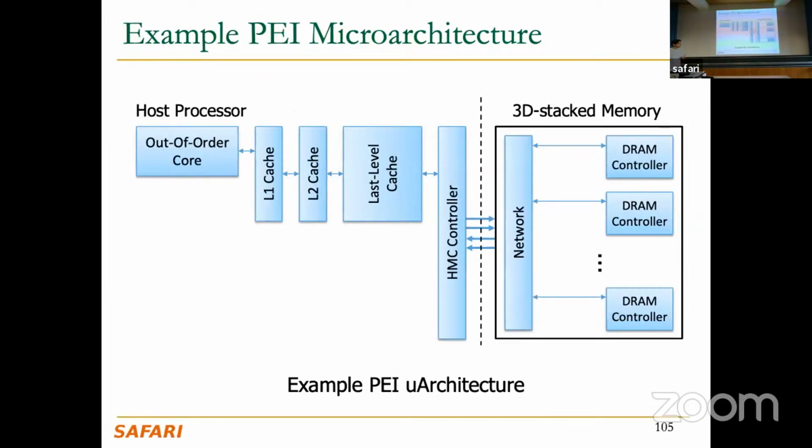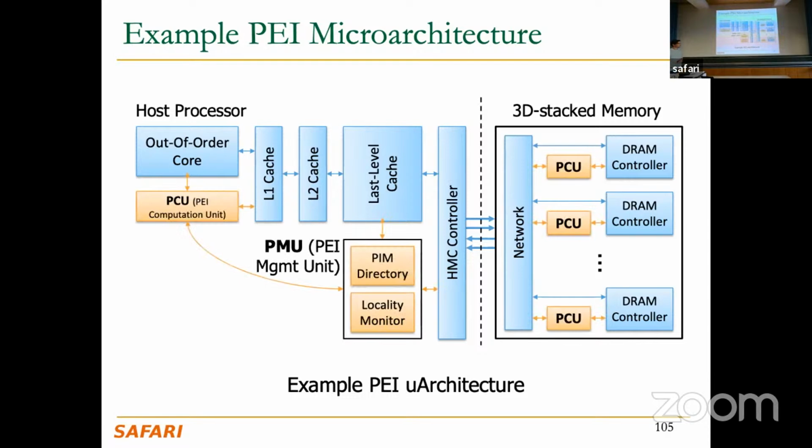One good example is the PEI microarchitecture. We just talked about PEI before the break. Remember that what PEI does is extend the system with some processing elements near DRAM in the logic layer of a 3D stacked memory.